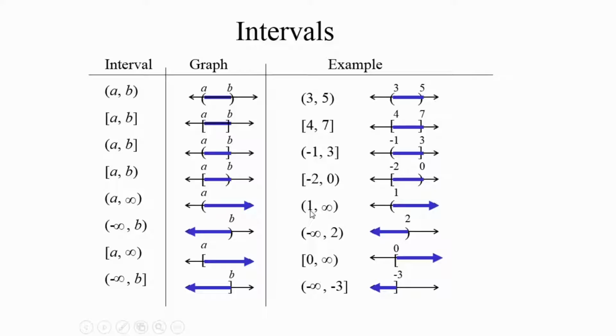Greater than 1, exclusive of 1, less than 2, exclusive of 2, and so on. These are the different forms of answers you may have when you solve an inequality. We're going to do that in just a moment.